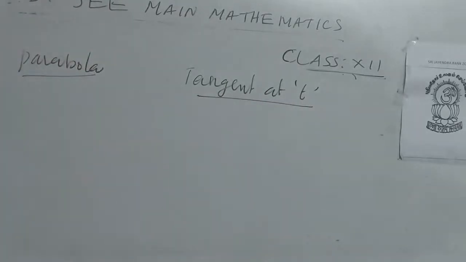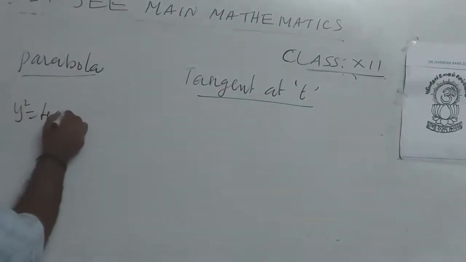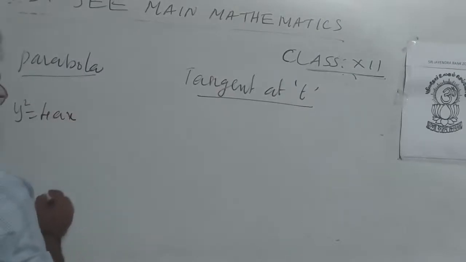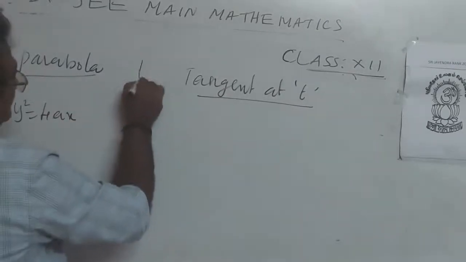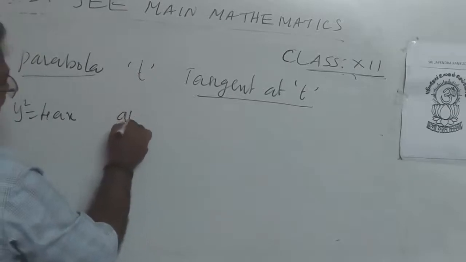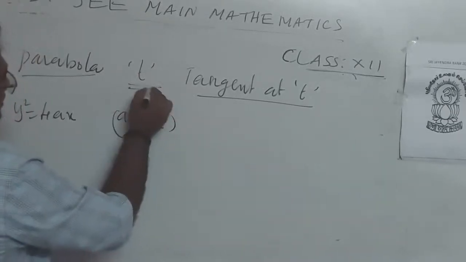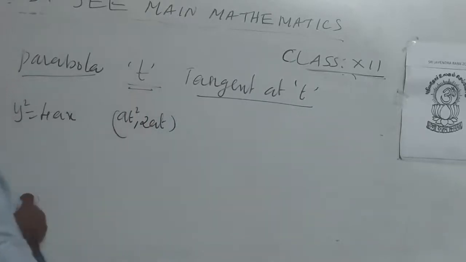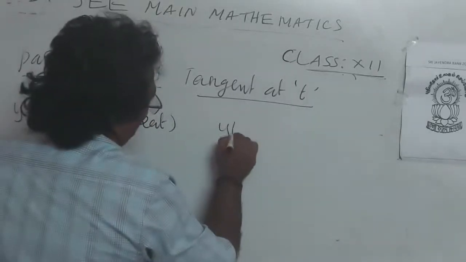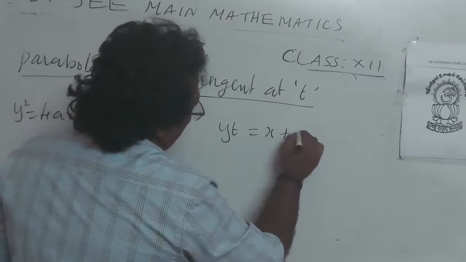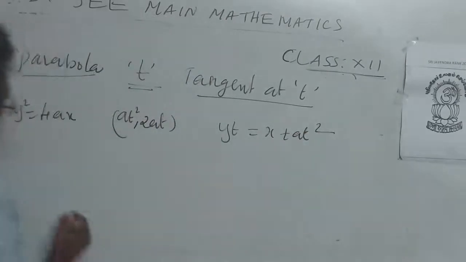Tangent at t. For y squared equal to 4ax, t represents a t squared comma 2at. Here yt equal to x plus a t squared.